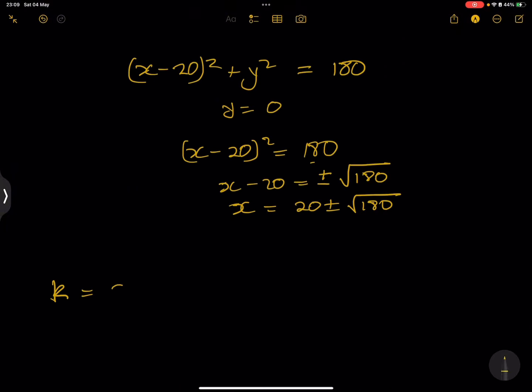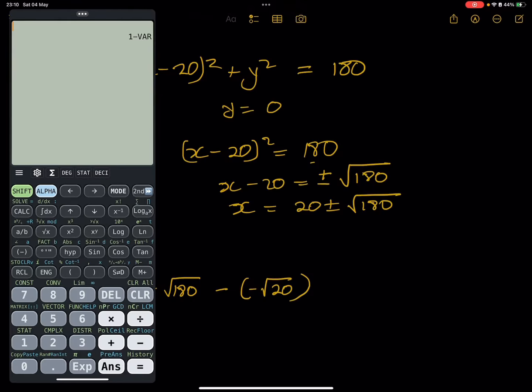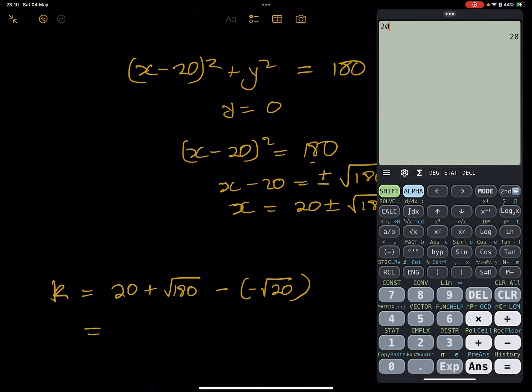Let's work out that first value for k. So this would be 20 plus root of 180, and this is minus, oh, actually this will be plus the square root of 20.